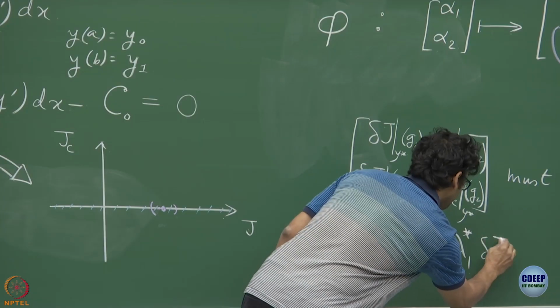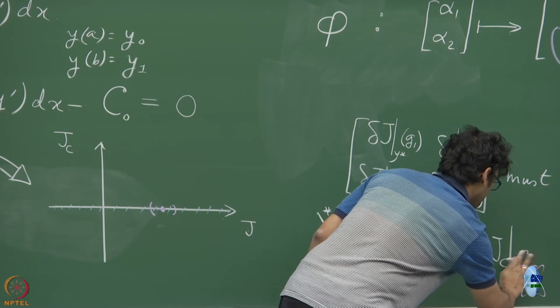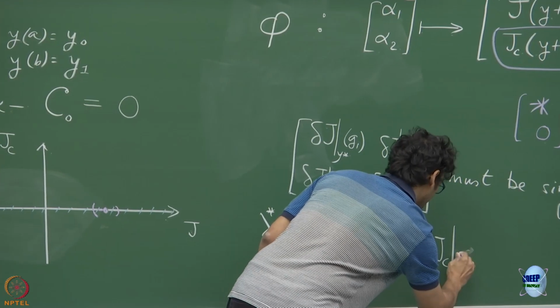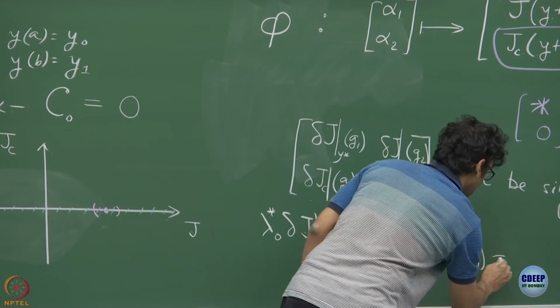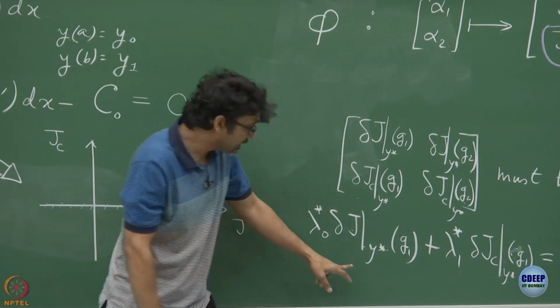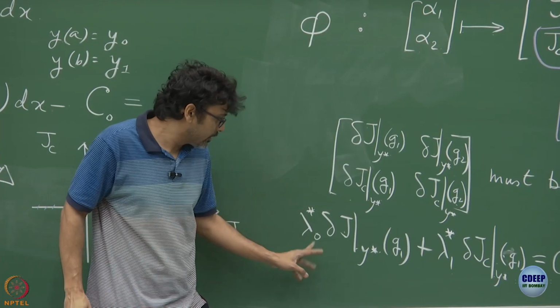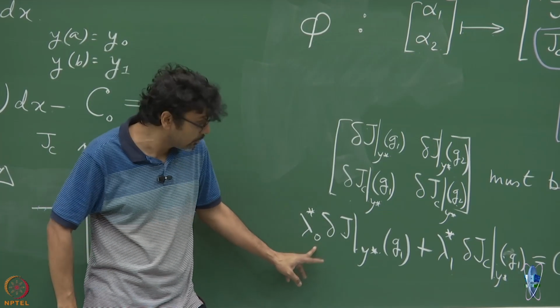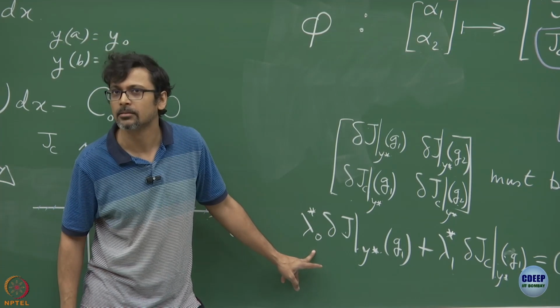So you solve this equation assuming that this lambda 0 is not equal to 0, because if lambda 0 is equal to 0, this later on we shall call the abnormal multiplier.